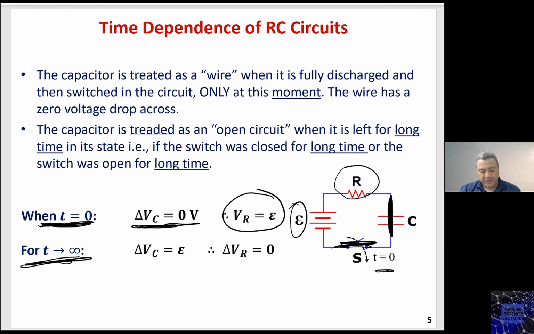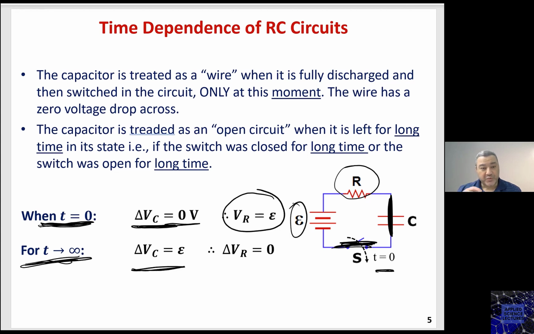For t goes to infinity, which basically means after a long time, so you did close the switch and then left it closed for a long time, now guess what's going to happen?